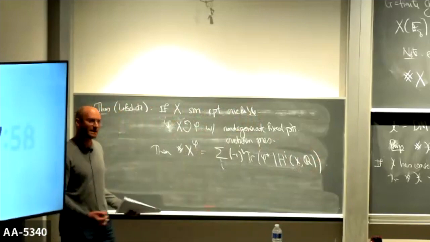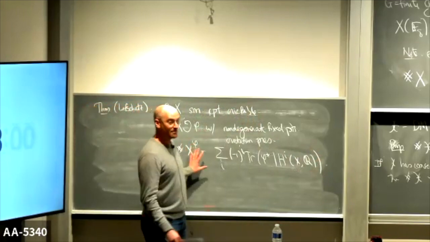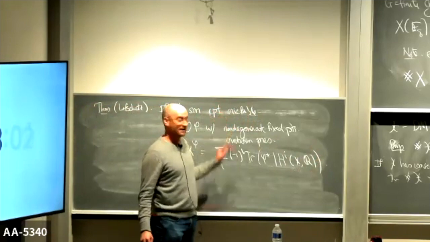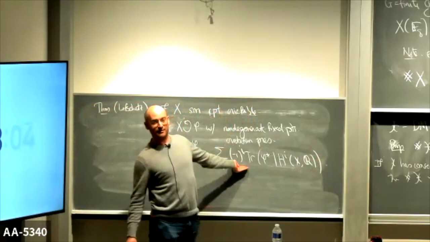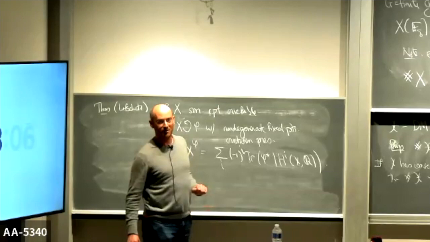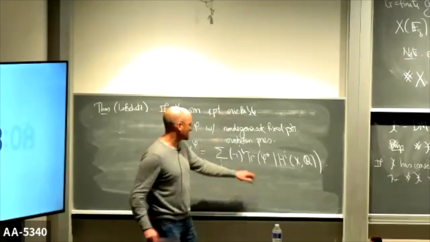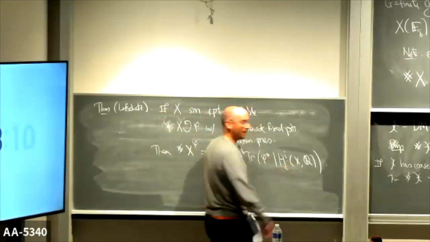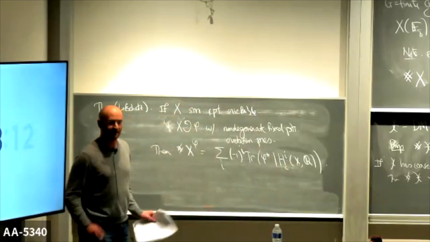So counting fixed points for an endomorphism in a nice situation means taking the graded trace of the pullback on cohomology. And I said compact, so you could use cohomology or compactly supported cohomology because they're the same.